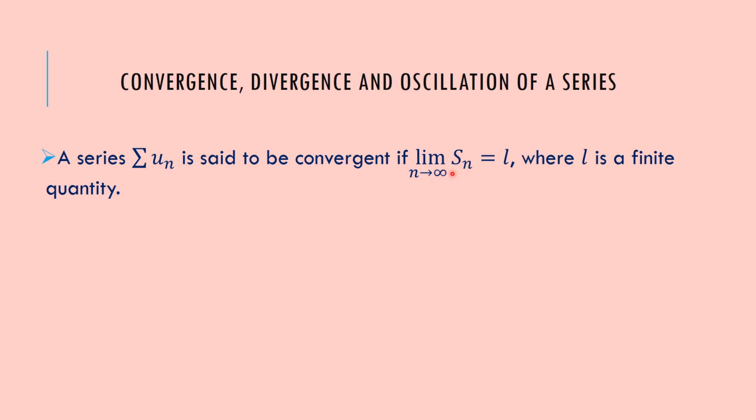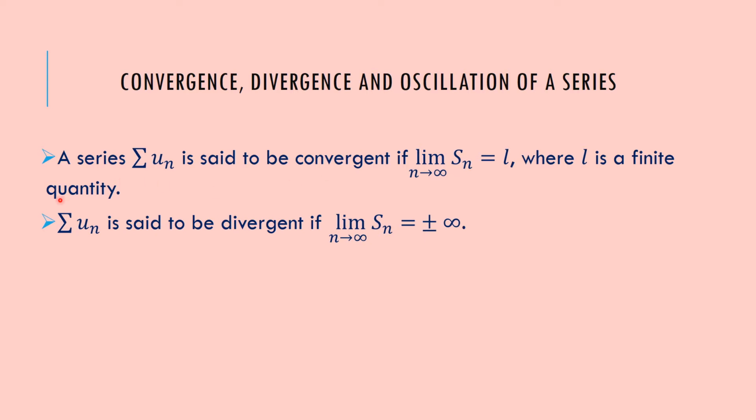Similarly, sigma un is said to be divergent if limit n tends to infinity, Sn is either plus infinity or minus infinity. That means when we apply the limit as n tends to infinity to Sn, if you get plus or minus infinity, then we say that the given series is divergent.